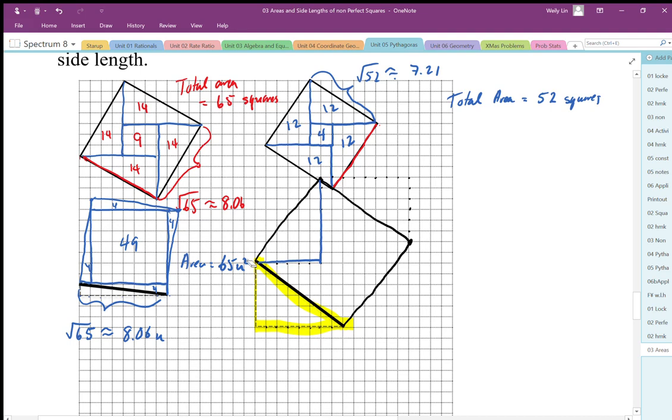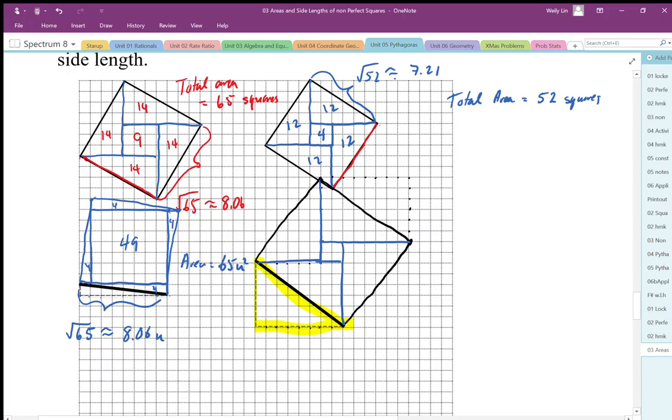So this is 6 vertical, so I've got to go 6 horizontal, 8 vertical. 8 vertical switches to 8 horizontal, 6 vertical, and that allows me to get the 4 corners of this diagonal square.